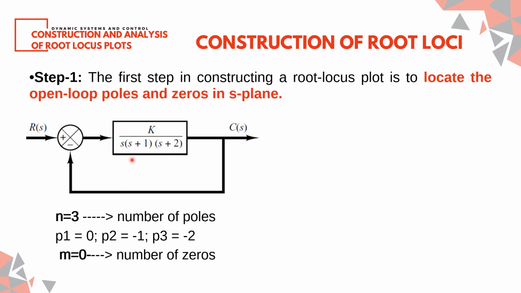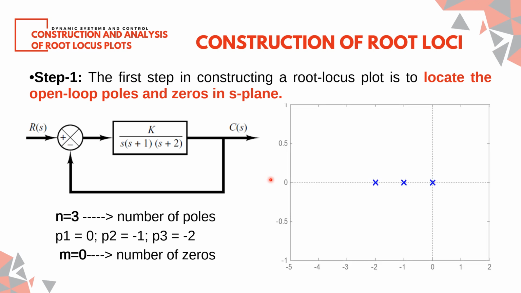Our poles are 0, negative 1, and negative 2. Since we don't have any variable s in the numerator, we do not have any zeros.